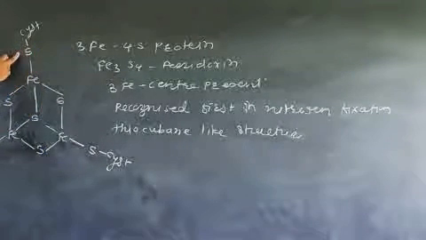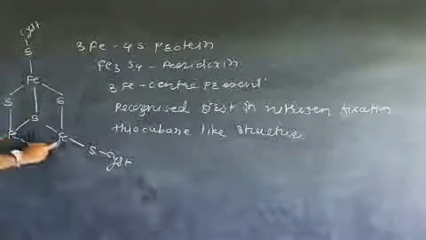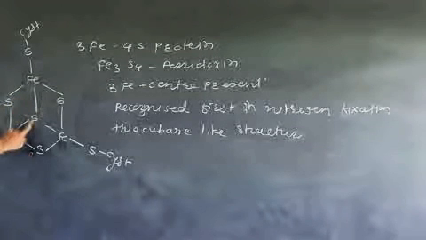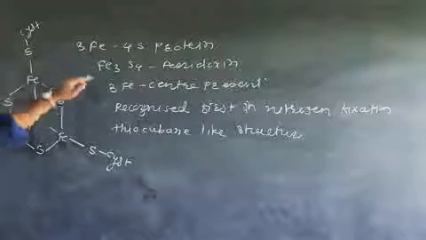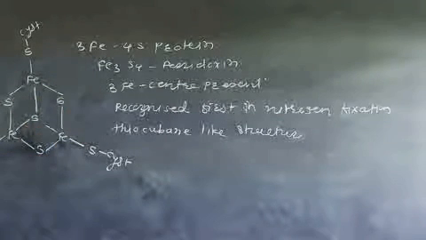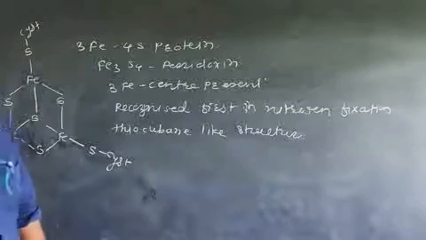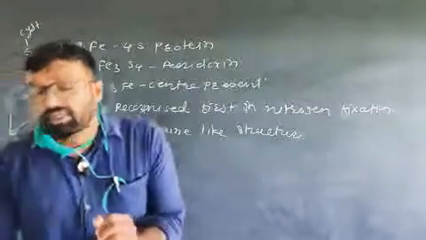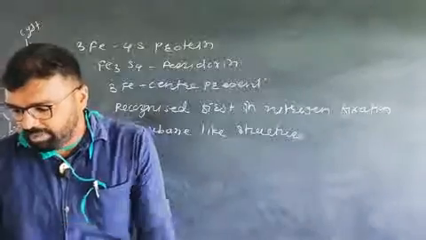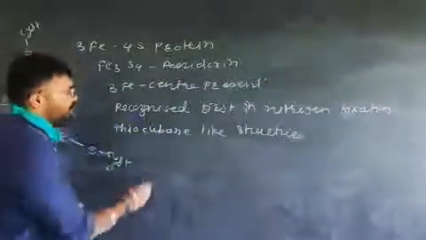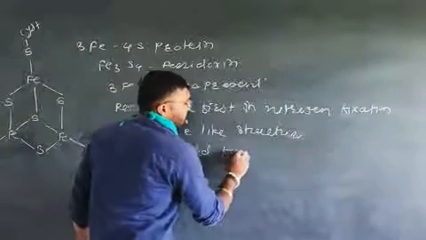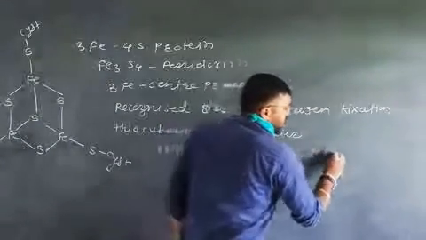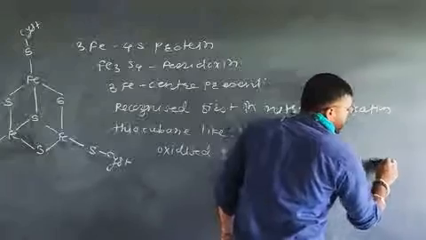Then what are the features of this structure? This is the ferrous, sulfur, and this sulfur. This is a thiocubane-like structure. It was first recognized in the nitrogen fixation process. In this thiocubane structure, oxidized and reduced forms are present. Suppose I write the features here, oxidized form and reduced form.